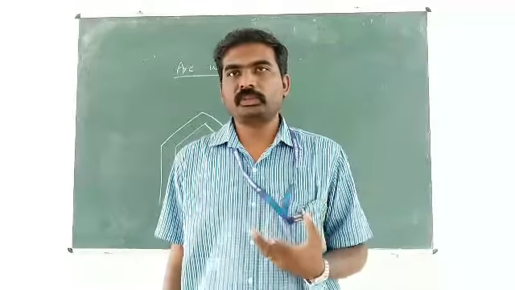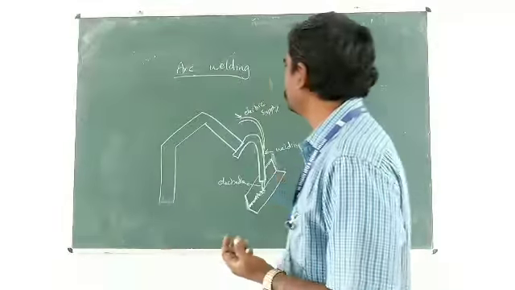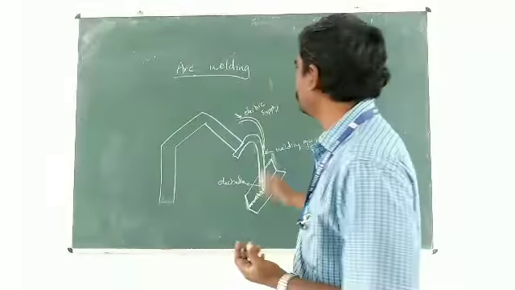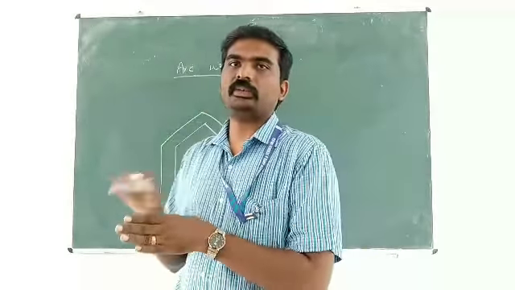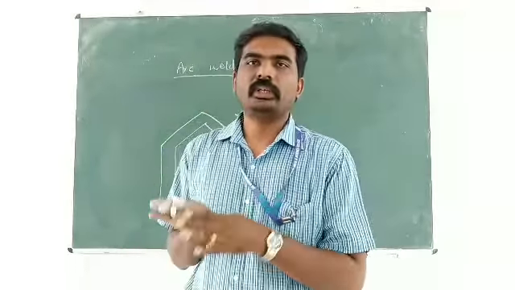Next, coming to the next application, that is arc welding. If we require a continuous welding point, we have to go for arc welding. If we require spot welding or discrete welding, we go for spot welding. If you require a continuous contact on two plates, or to weld two plates continuously, we have to go for arc welding.